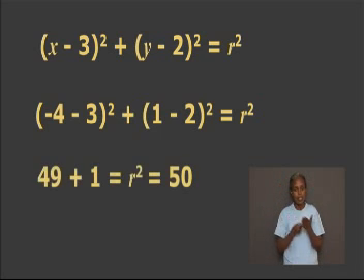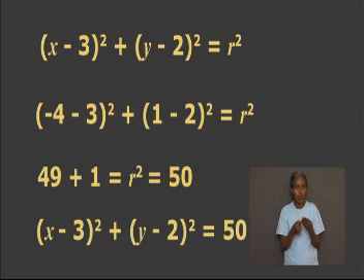This gives us 49 plus 1 equals r squared. So r squared equals 50. Therefore, the equation of the circle is (x minus 3) squared plus (y minus 2) squared equals 50.